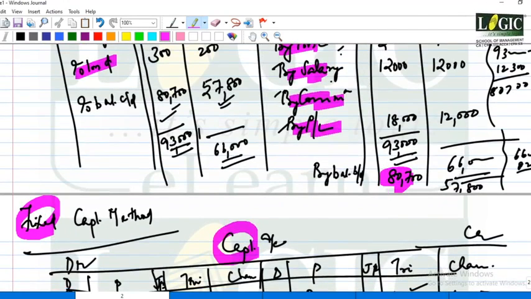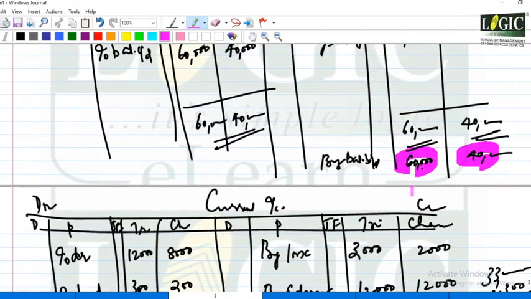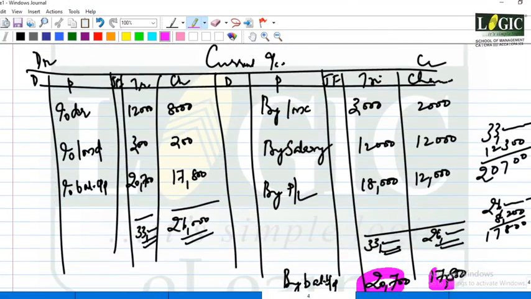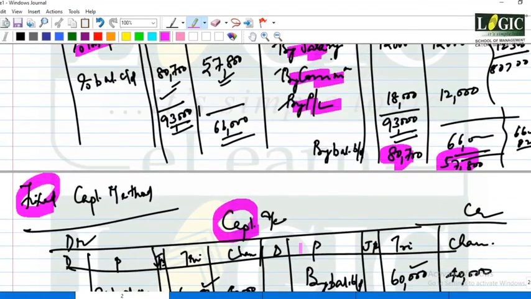Now for Chauhan, 40,000 was the balance in capital account. Now 17,800 is the balance in current account. Totally 57,800. That is the balance under fluctuating capital method. So this is the first and foremost thing you will have to learn in the lesson basics: how to prepare fixed capital and capital accounts under fixed capital method and fluctuating capital method. Okay, so this is the first topic to be learned.